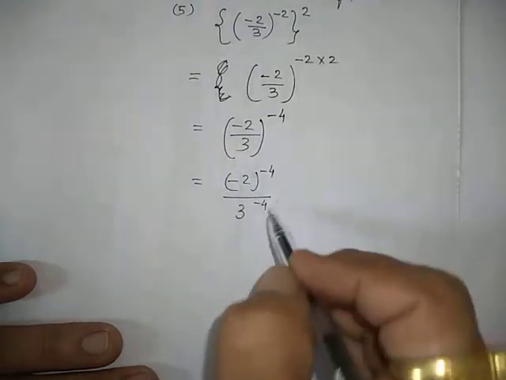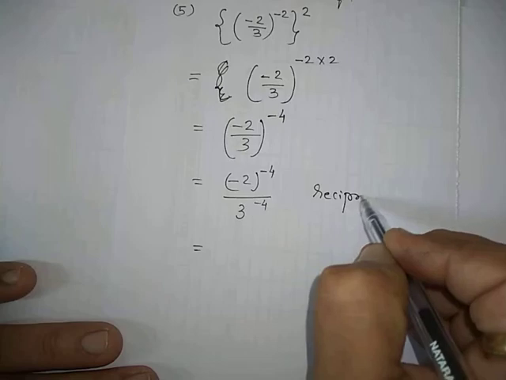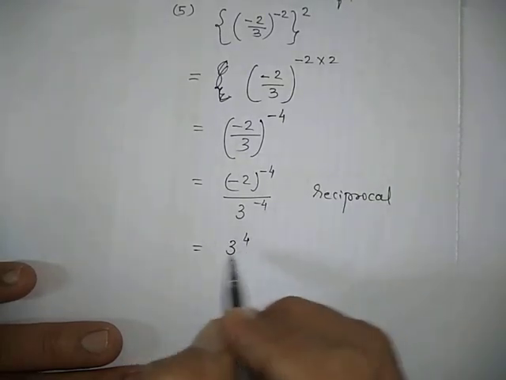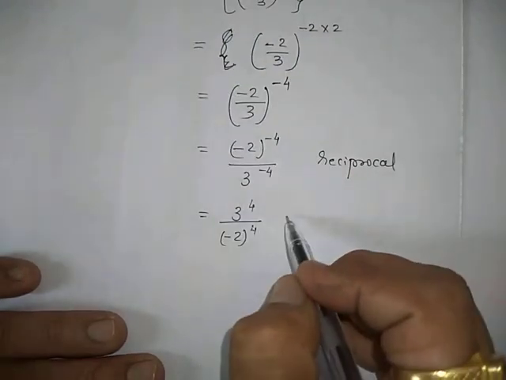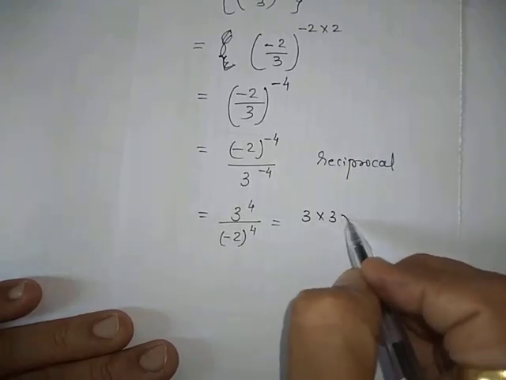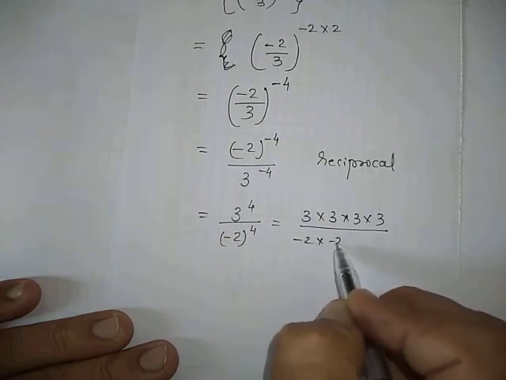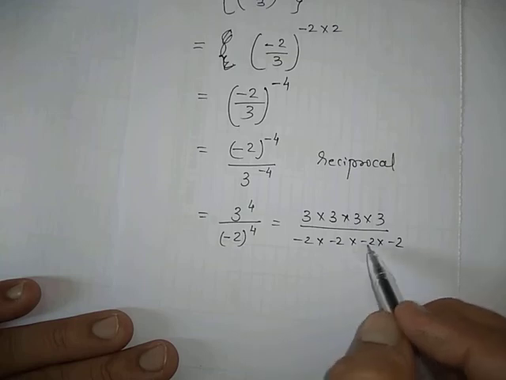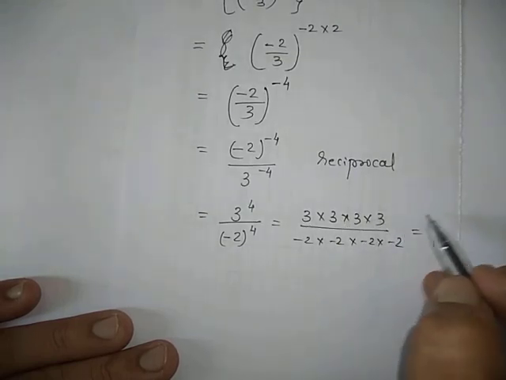Now we will do the reciprocal of it, and that will give the positive power. So 3 by 4 and minus 2 by 4. Now you need to evaluate this. 3 into 3 into 3 into 3 and minus 2 into minus 2 into minus 2 into minus 2. 4 times. 2 2s are 4, 2 2s are 4, 4 4s are 16 and 3 3s are 9, 3 3s are 9, 9 9s are 81.